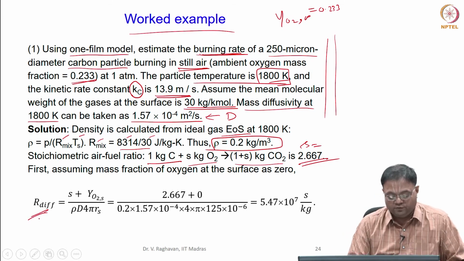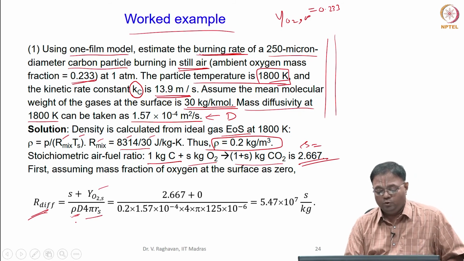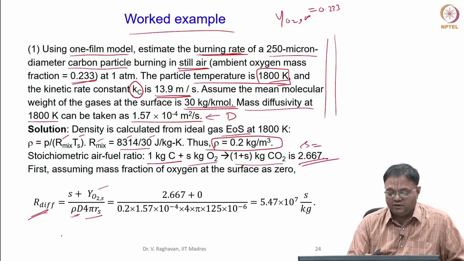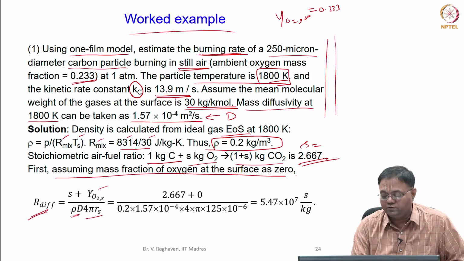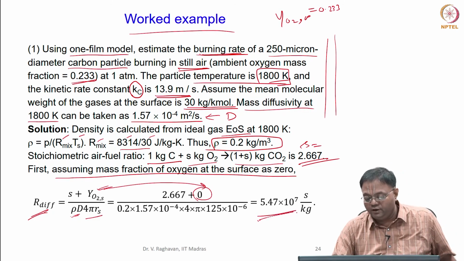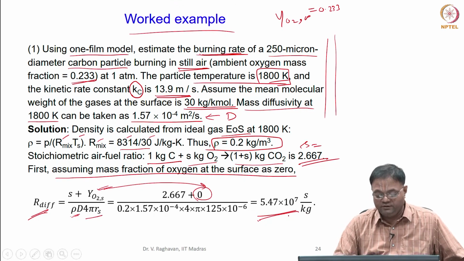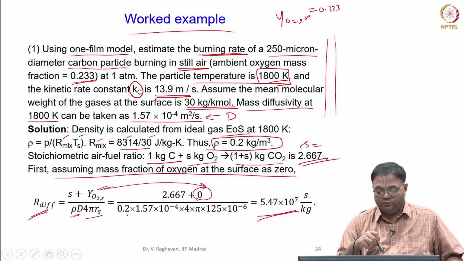The diffusion resistance is S plus YO2S divided by rho D into 4 pi RS. As a first step, I will assume the mass fraction of oxygen at the surface to be 0, and calculate the resistance for diffusion as 5.47 into 10 power 7 second per kg.